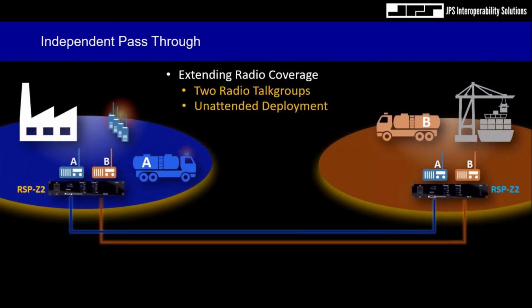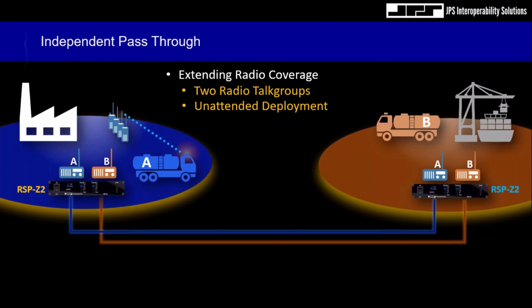Another interesting standalone application is the linking of communications between two different locations utilizing two different radio talk groups. Again, this is an intermodal application, but it lends itself well to other applications where personnel work at two different locations, but still require the use of their radios.